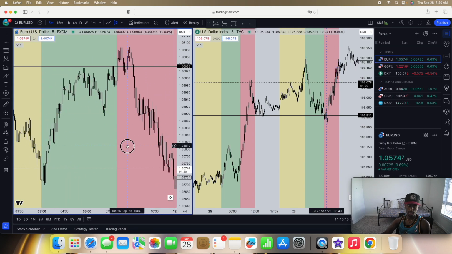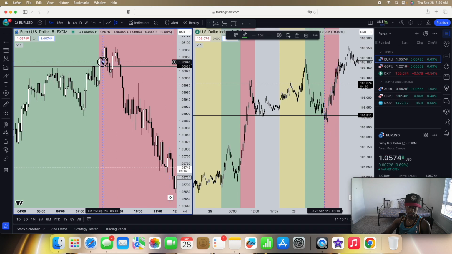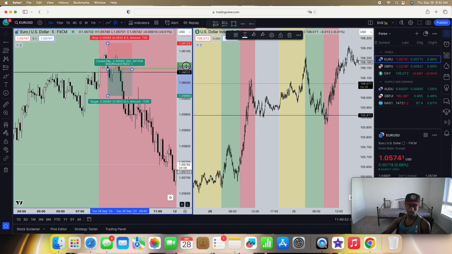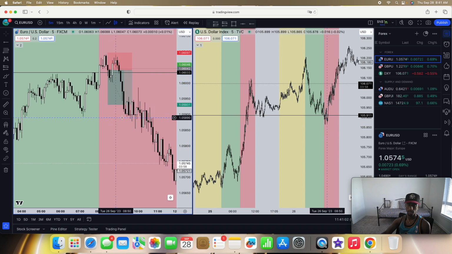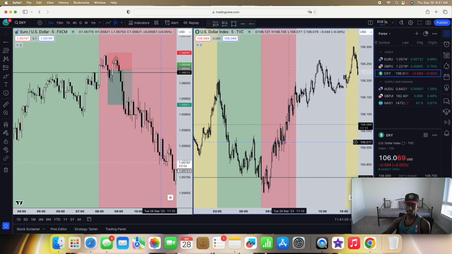Got the breaker structure level right here. Breaker structure, in the trade. My stop loss was right here. Boom. Hit TP. But again, the DXY was in confluence.